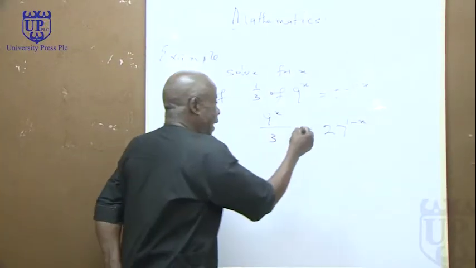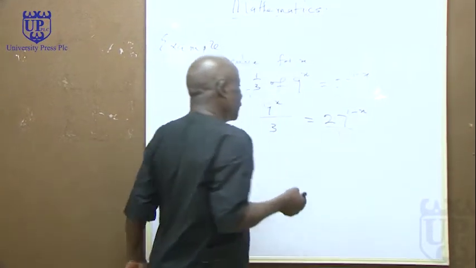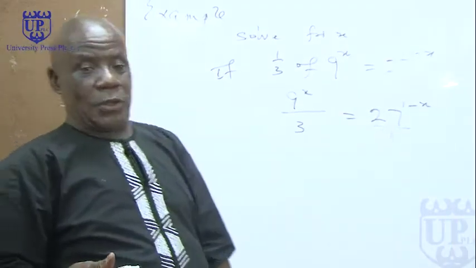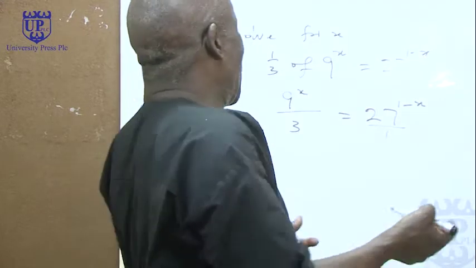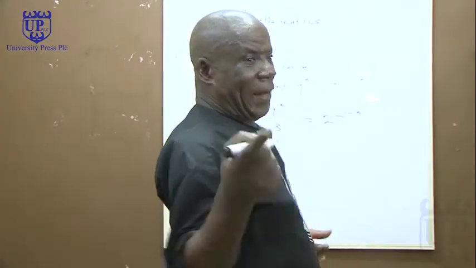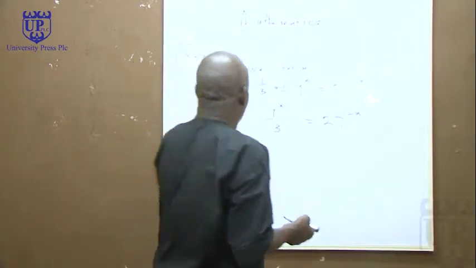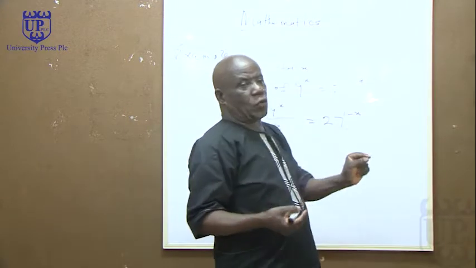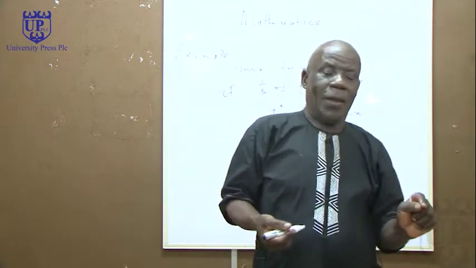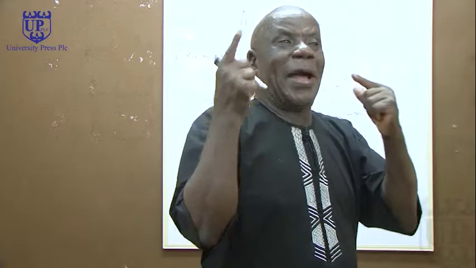Now this is the same thing as over 1. Then you cross multiply. In algebra, when you cross multiply, you just multiply like that. If you multiply 3 by this, the answer can never be equal to 81, because 3 is an integer and 27 raised to power 1 minus x is an exponential expression.